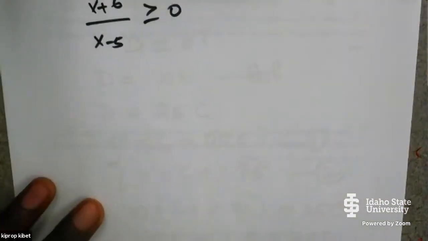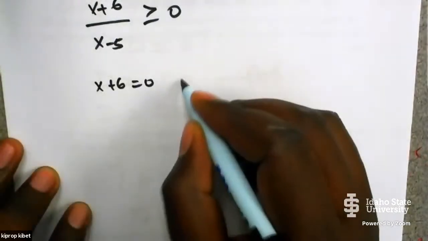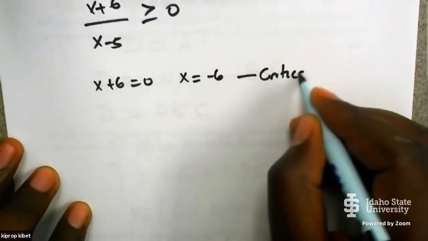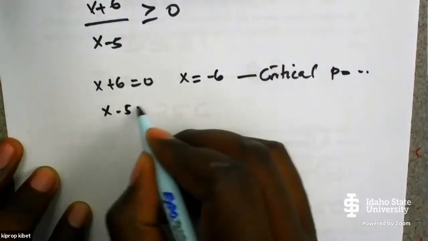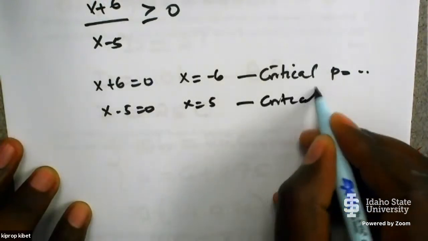The next step, we look for zeros and undefined. So x plus 6 equals 0, so x equals minus 6. This is our critical point. x minus 5 equals 0, x equals 5. This is another critical point.